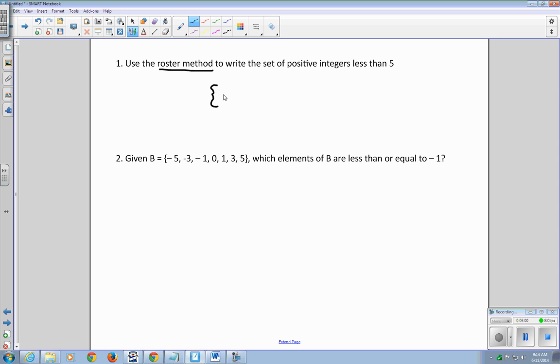And we say, well, what are the positive integers that are less than 5? Well, positive integers, when we think about our integers, of course, our set of all integers is the set, as we indicated before, that starts with all of our negative and positive whole number values, such as these.